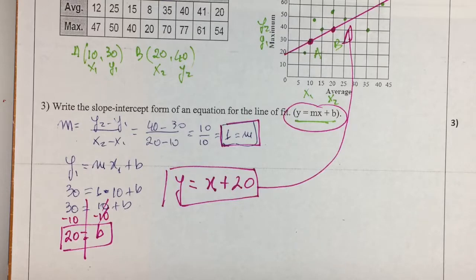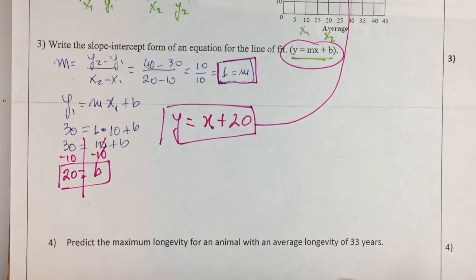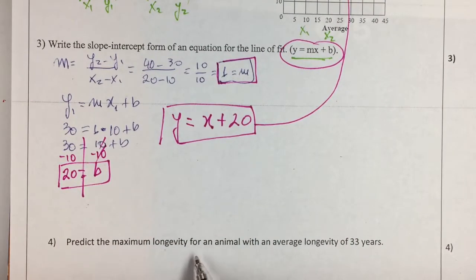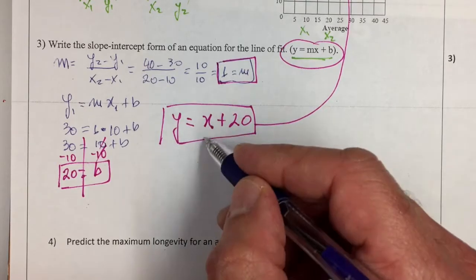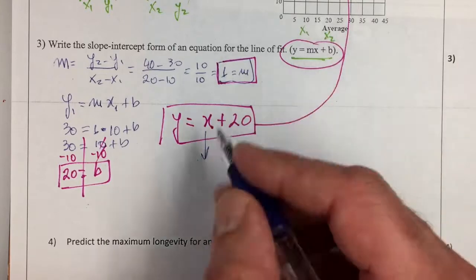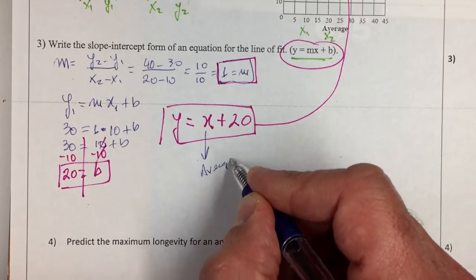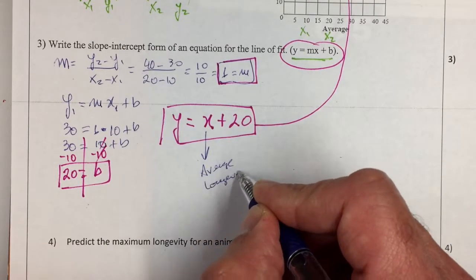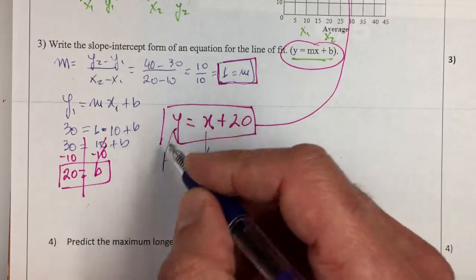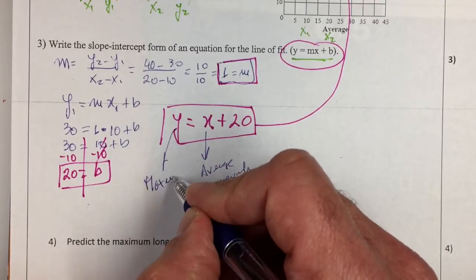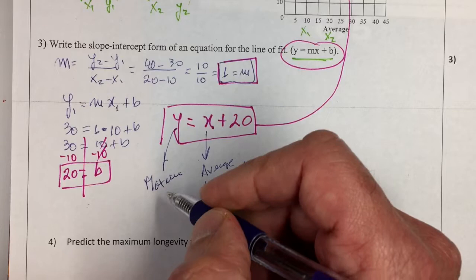So my question number 4 is going to be predict the maximum longevity for an animal with an average longevity of 33 years. So remember, this x is the average longevity, and my y is going to be the maximum longevity.